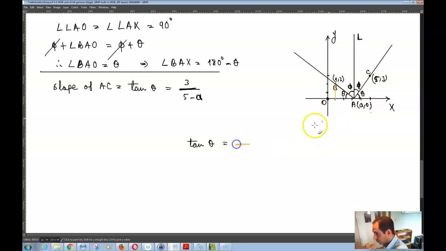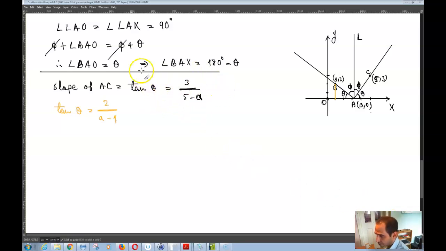The height is 2, and the length all the way up to here is A, and the length all the way up to here is 1. So this part becomes A minus 1. Then you can write tan of theta is equal to 2 over A minus 1.